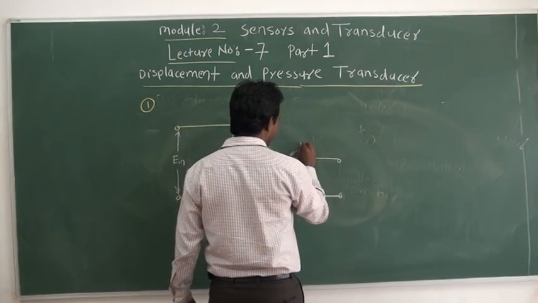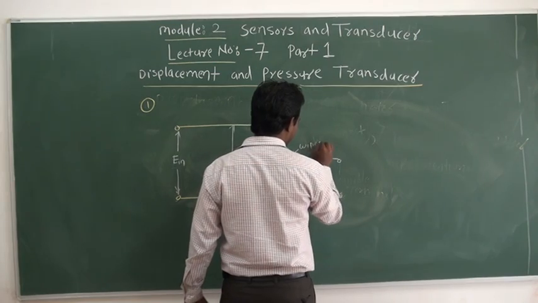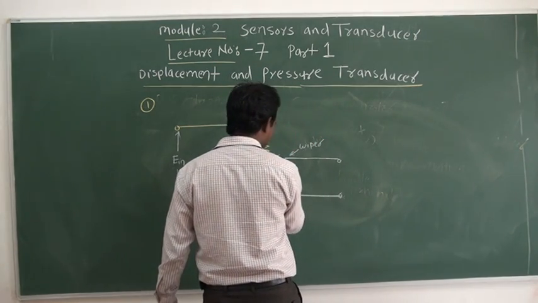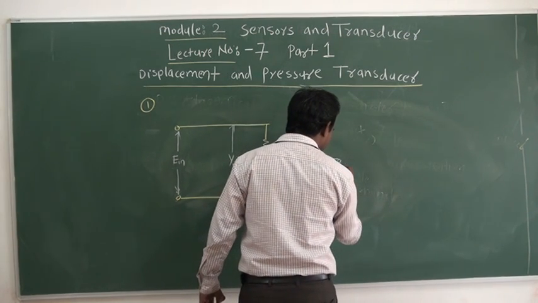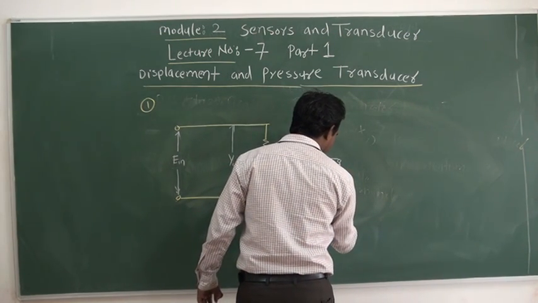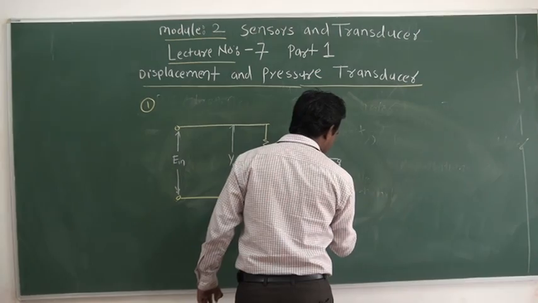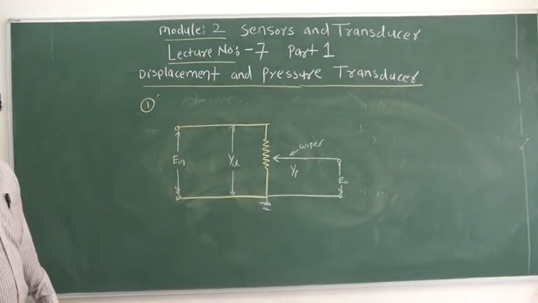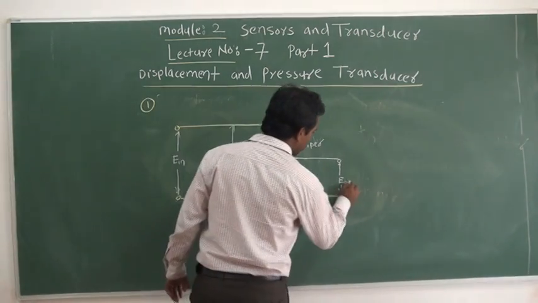This is a wiper, and here the E0, that is the output voltage, will be measured. So this is E out.